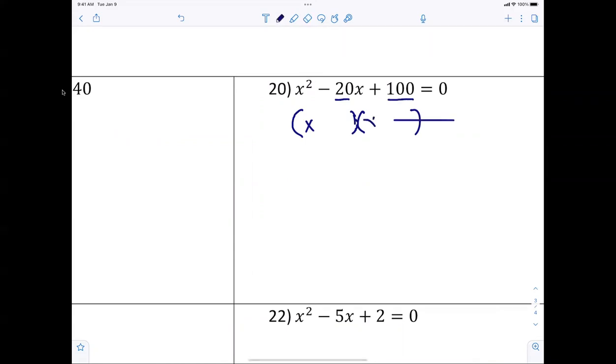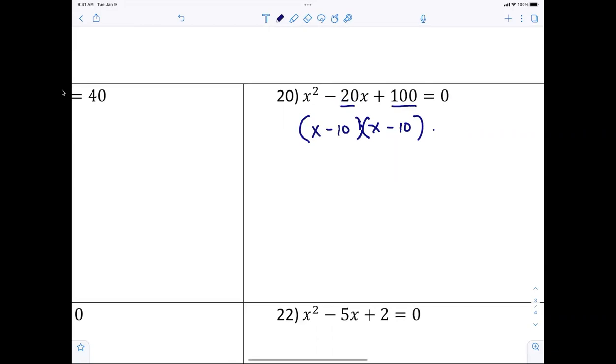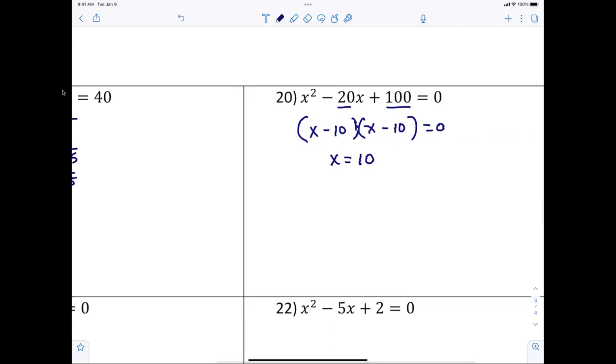All right. So minus 10 and minus 10. So x is equal to what? 10. Remember, this is actually called a double root.